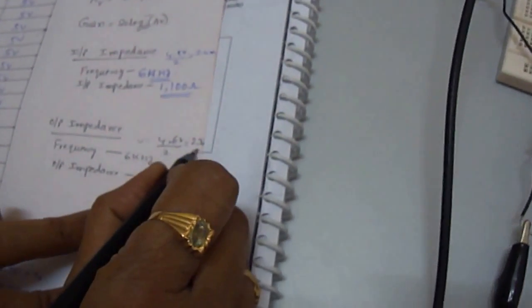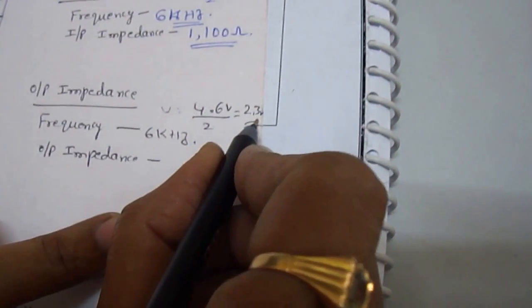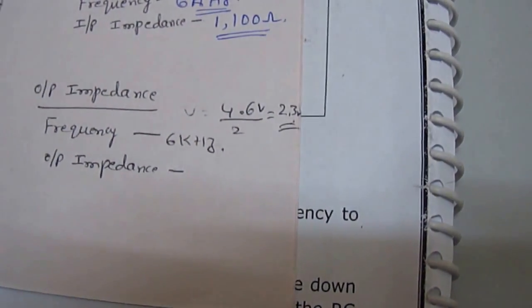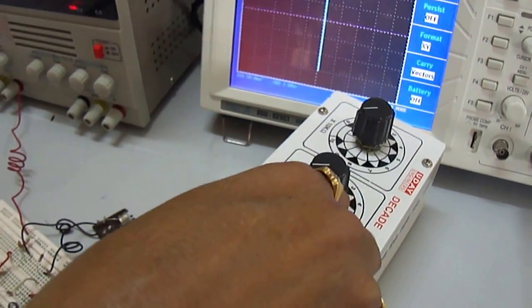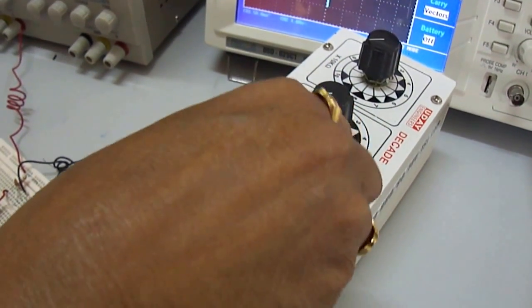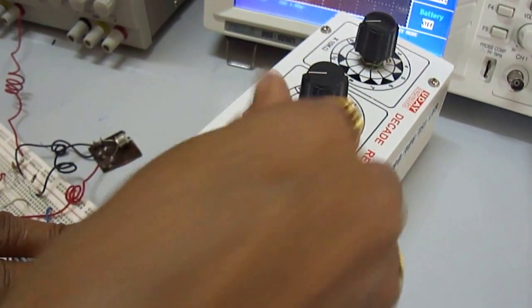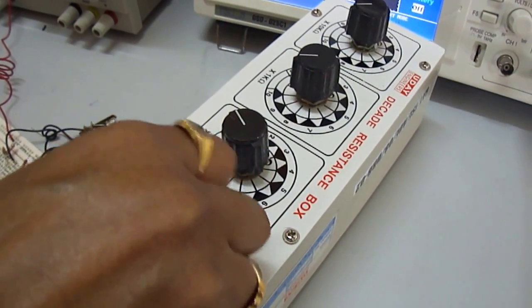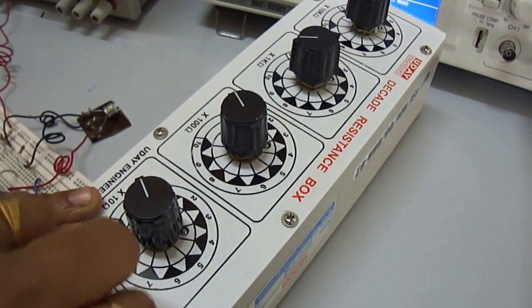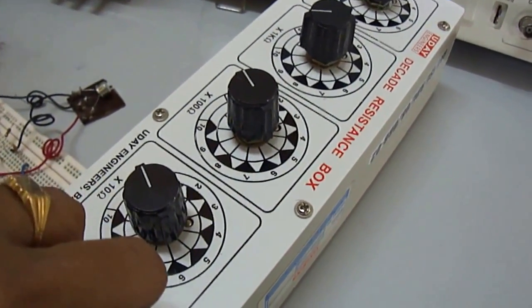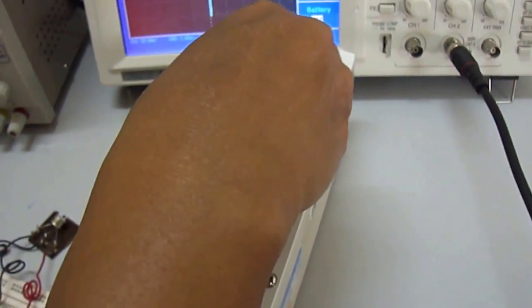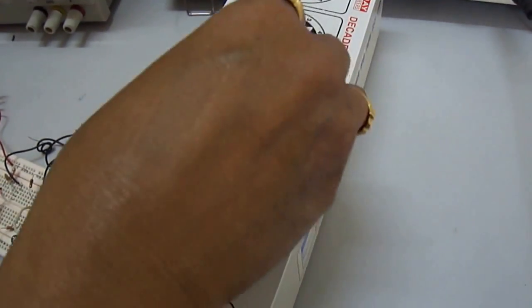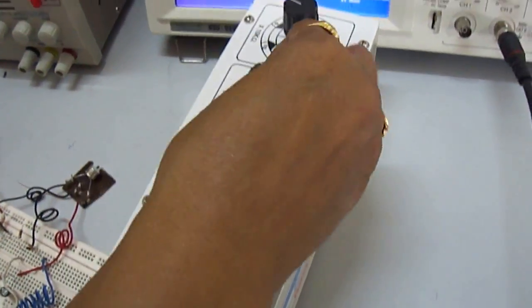Then decrease the DRB until you get the 2.3 volts, and note down the DRB values. Decrease the DRB one by one until you get the 2.3 volts.